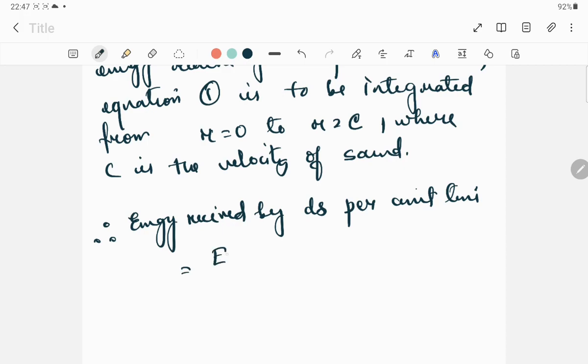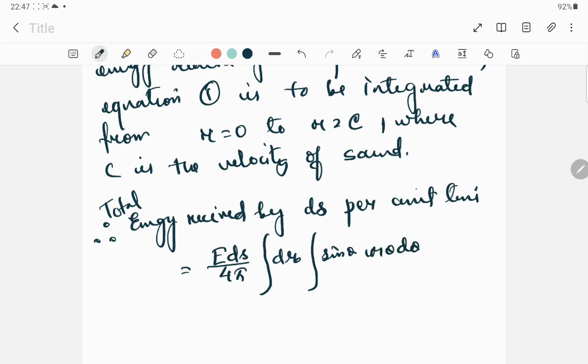is E ds by 4 pi, the total energy. Now we have dr, so integration, then we have sin theta cos theta d theta, and also d phi.